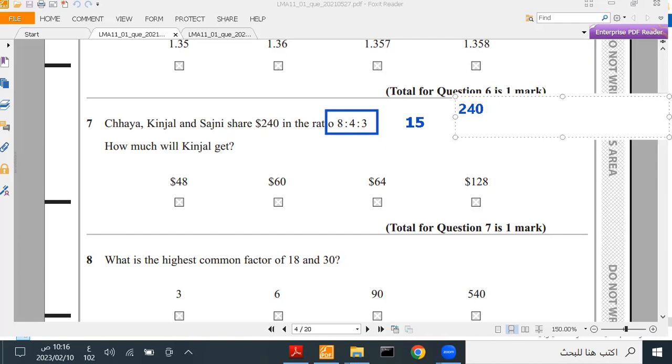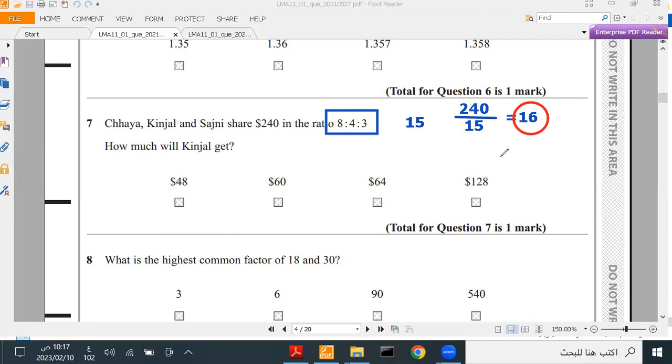So first we add the ratios, then we take the number he gave me divided by the total number of ratios. How much does it come to? 16. Multiply 16, and then 16 multiply 4. I take the 16. Yes. Wait a minute. Okay. And it equals 64. Good. I go back and multiply it by 4. Why 4?